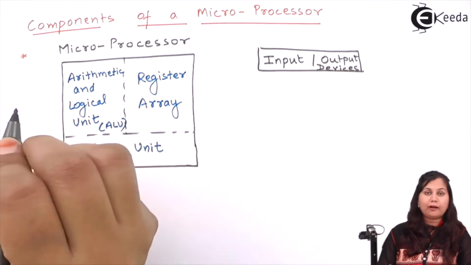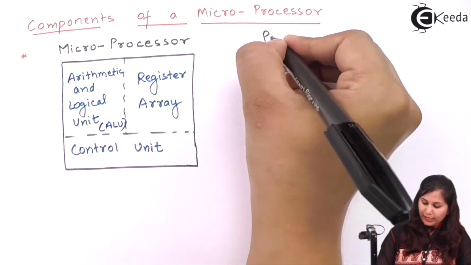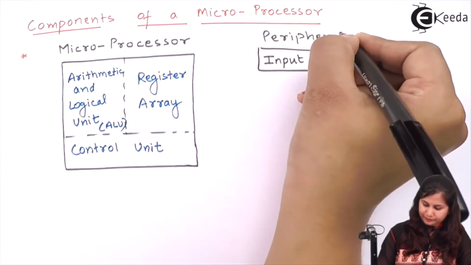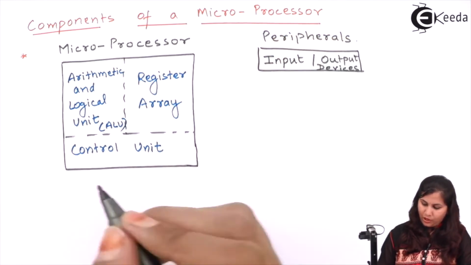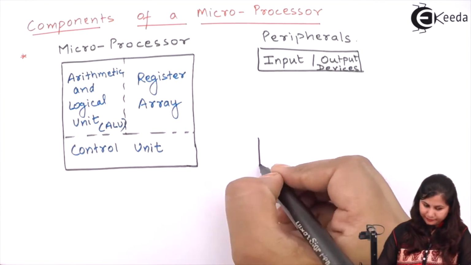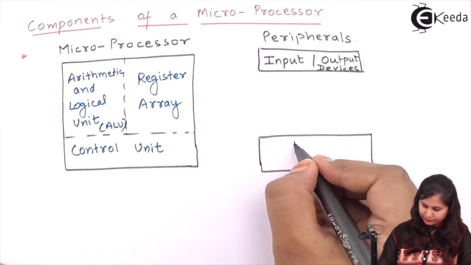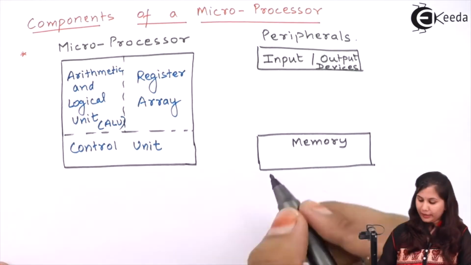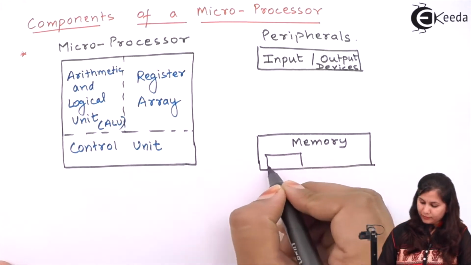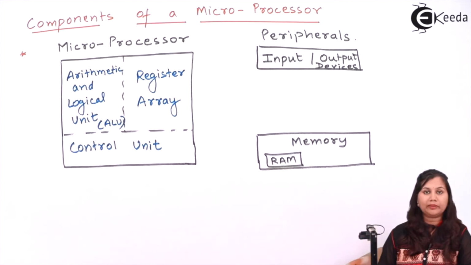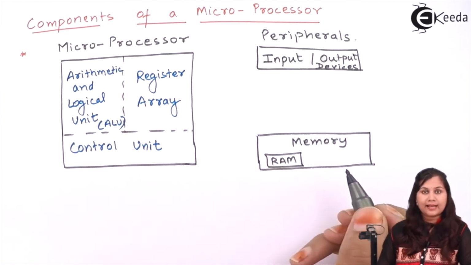These input and output devices are also known as peripherals. Also, this microprocessor has a memory. This memory is of two types, RAM and ROM, just like in computers, where we have read-only memory and random-access memory.